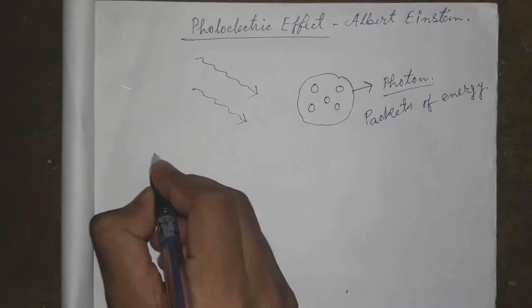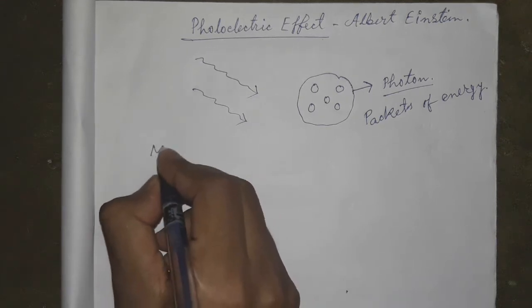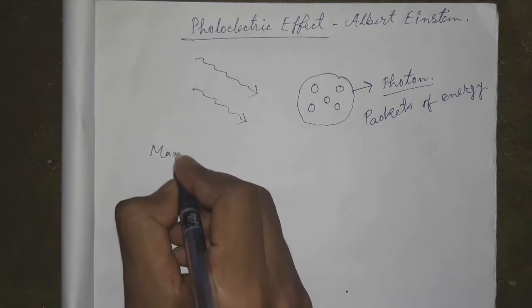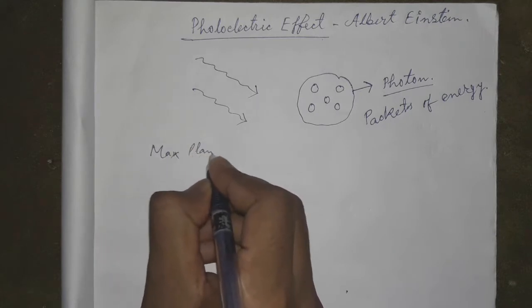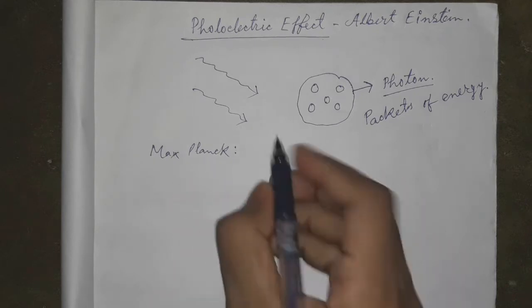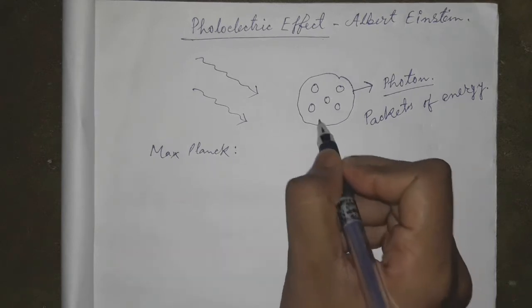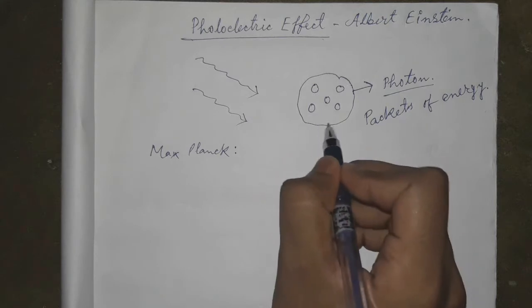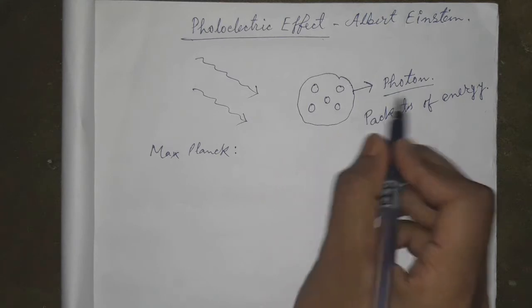After that, one scientist, Mr. Max Planck, gave an equation to determine the energy of this photon.